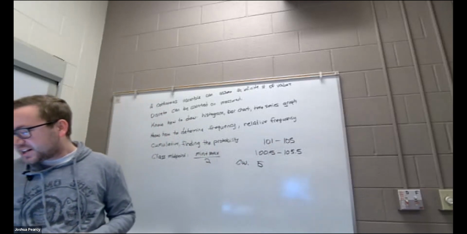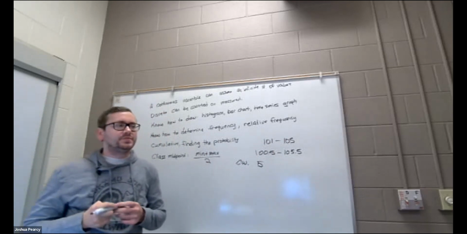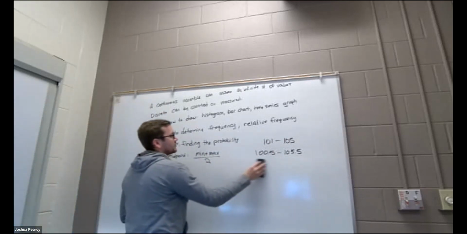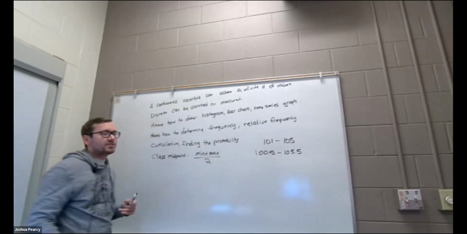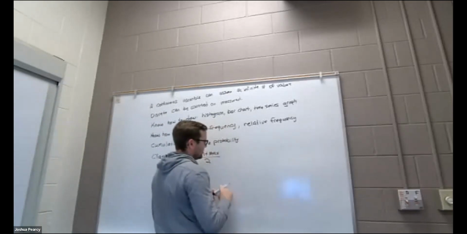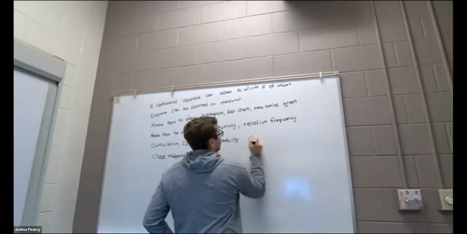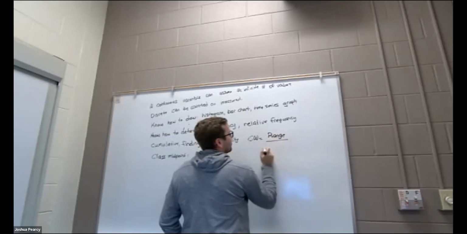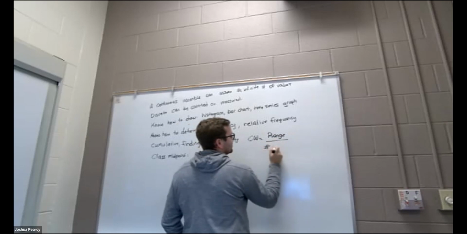So calculating the class width, does anyone remember how to do that? That's using the range and the number of classes. So the class width was found by the range divided by the number of classes I tell you.